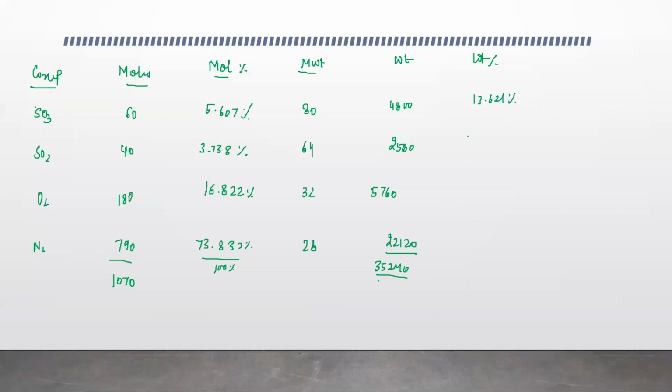Then this is going to be 7.264%. Then this is going to be 16.345%. This is 62.77%. When you add them all, you get 100%. Right? So that is the weight percent, or the molar and weight composition of the exit gas mixture.